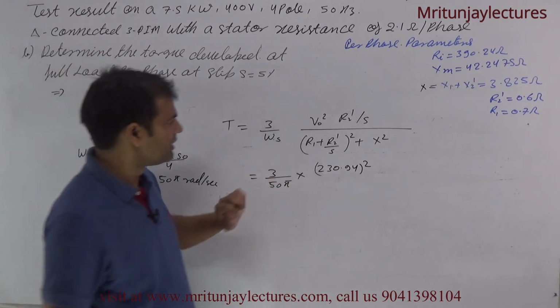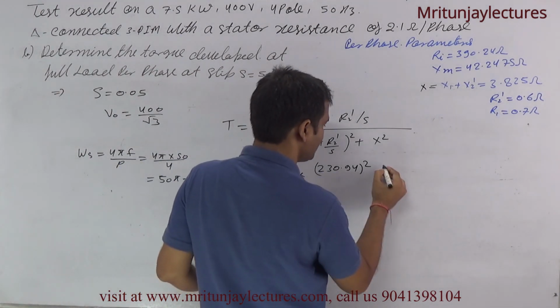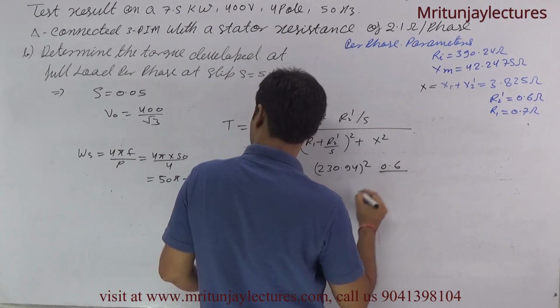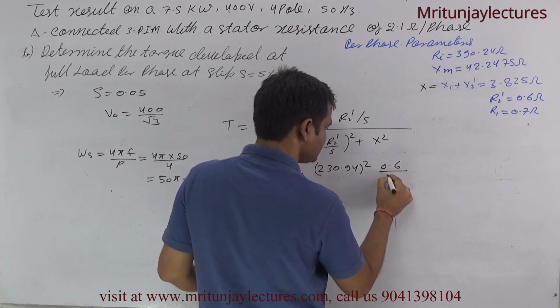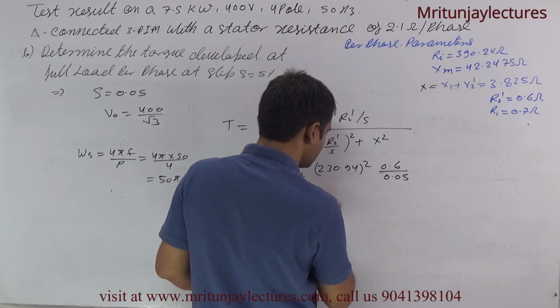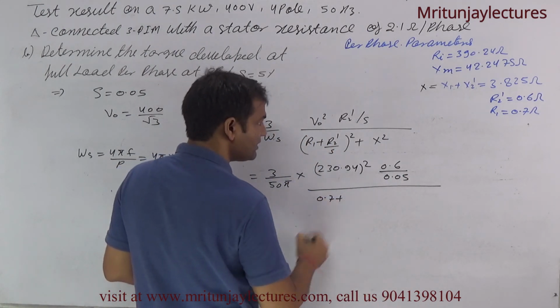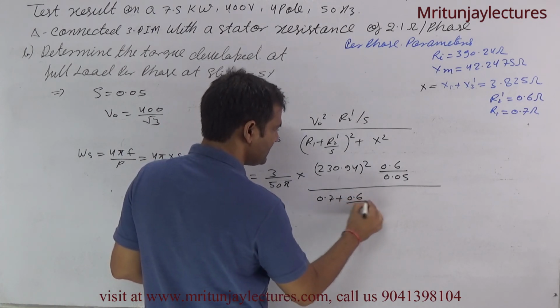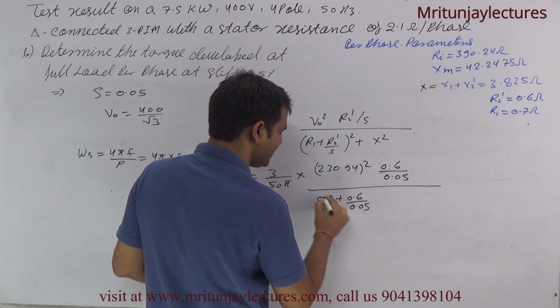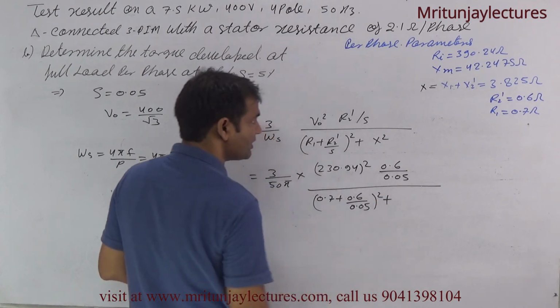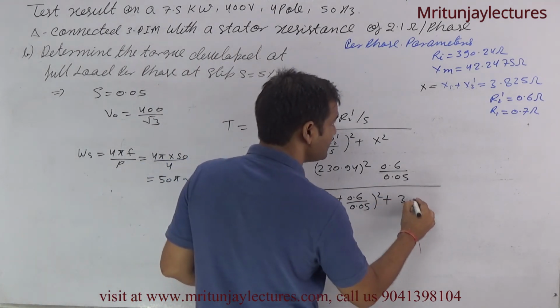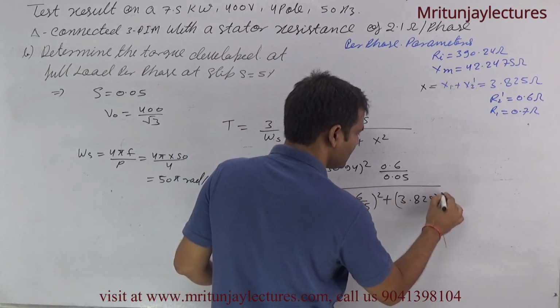R2 dash 0.6 divided by slip 0.05, divided by R1 0.7 plus R2 dash 0.6 divided by 0.05, whole square, plus X, that is 3.825 to the whole square.